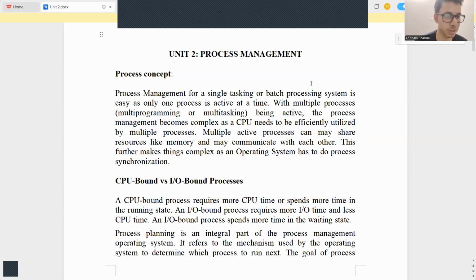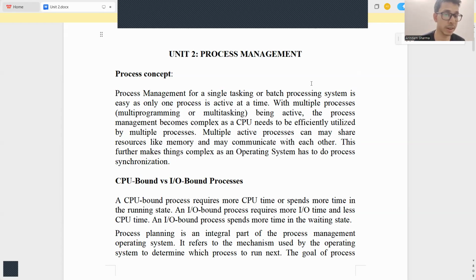With multiple processes, which is multi-programming or multitasking, more than one program or task is getting executed. Being active, the process management becomes complex.